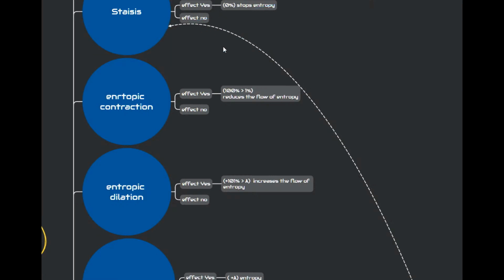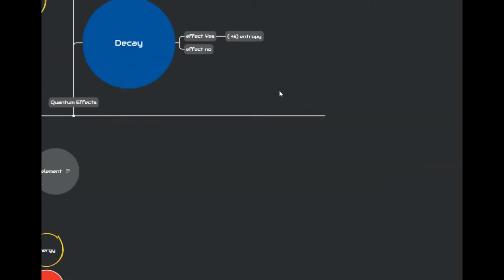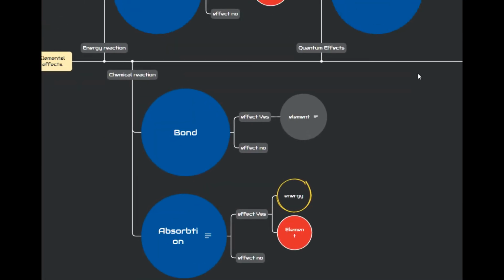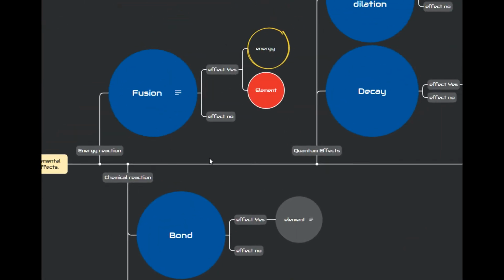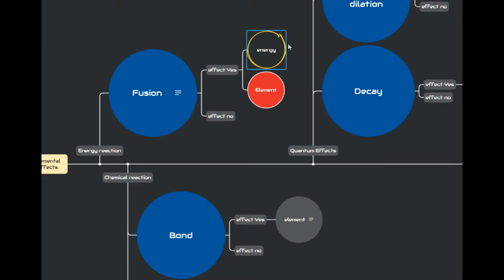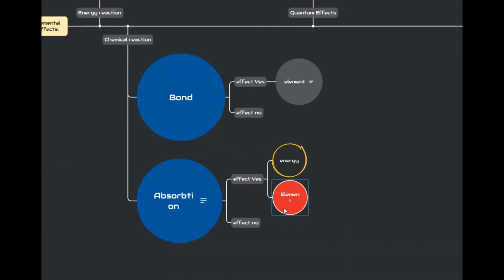Stasis. I'm going to remove this tag. Actually, screw that, don't need it. So elemental effects, fusion energy. So element energy, release plus energy or negative energy. So basically, I'm going to have to put a plus or a minus, because absorption is negative energy, so it absorbs out.